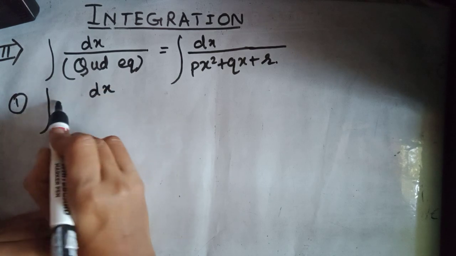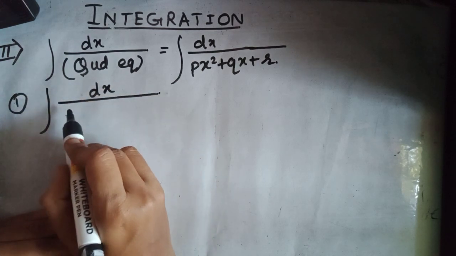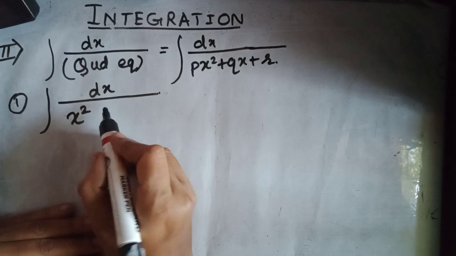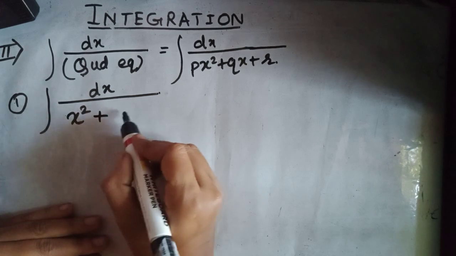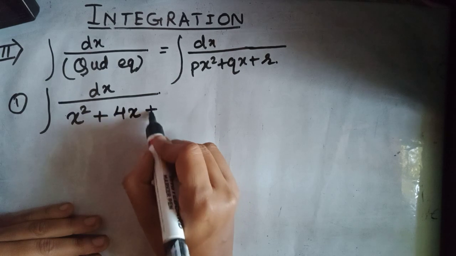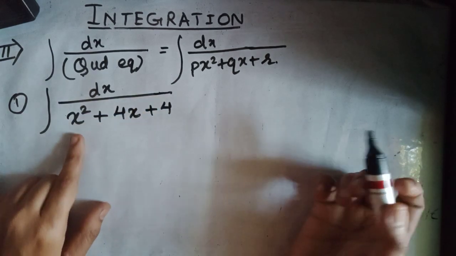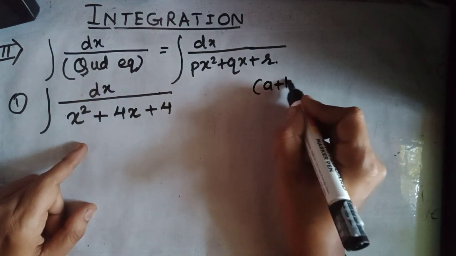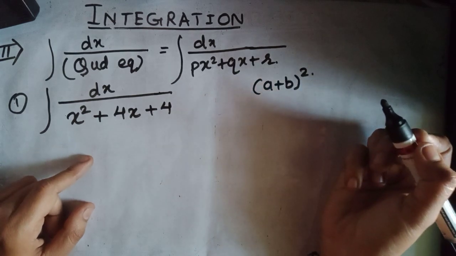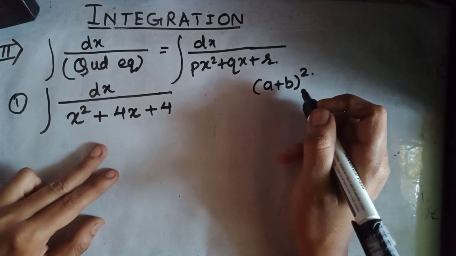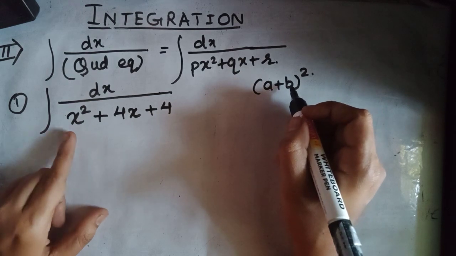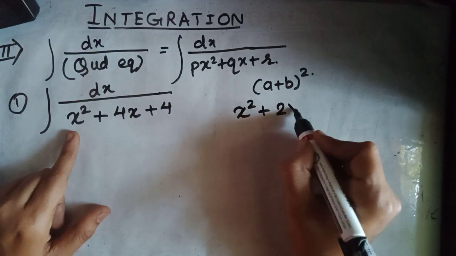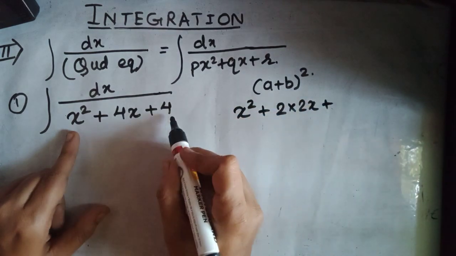Integral dx upon x square plus 4x plus 4. Now you have to write this quadratic in the form (a plus b) the whole square. So this is x square plus 2 into 2x plus 4, which is 2 square.